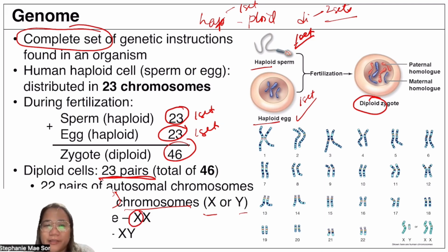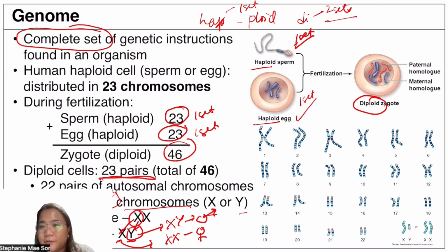So, yung isa mong X chromosome, always galing siya sa nanay. And then, your gender is determined kung ano yung ipapasa ng tatay mo sa'yo. So, kung ang pinasa ng tatay mo sa'yo is another X chromosome, then you become XX. So, pag XX ka, you are a female. Kapag ang pinasa naman sa'yo ng tatay mo is the Y, then you become an XY. So, pag XY ka, then you are a male.